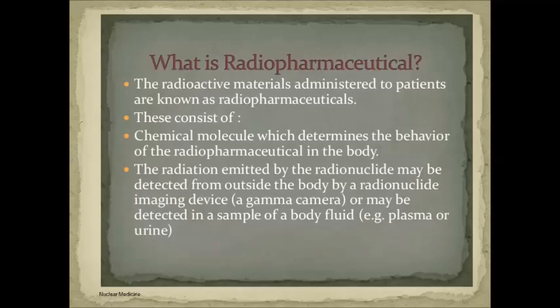These consist of a chemical molecule which determines the behavior of the radiopharmaceutical in the body, and the radiation emitted by the radionuclide or isotope may be detected from outside of the body by an imaging device, for example a gamma camera, or may be detected in a sample of body fluid, for example plasma, urine, blood, if we are talking about radioimmune analysis.